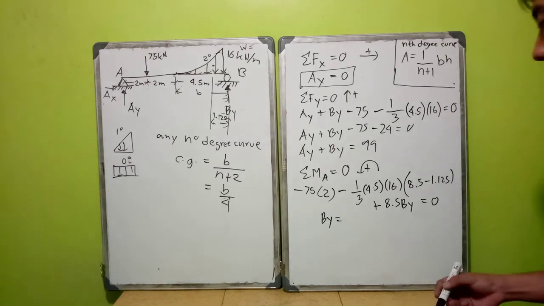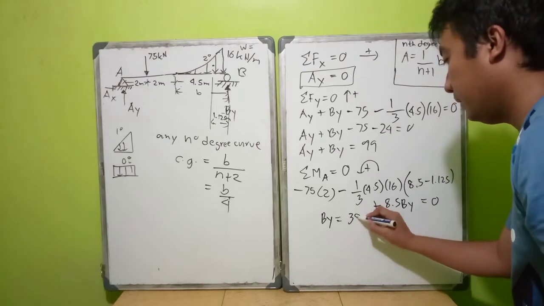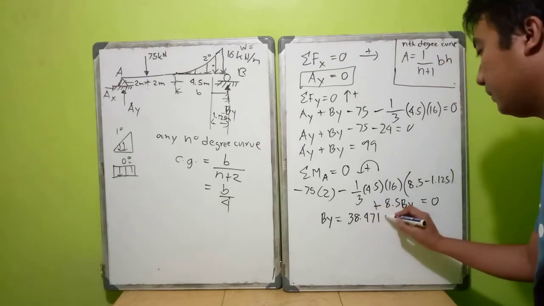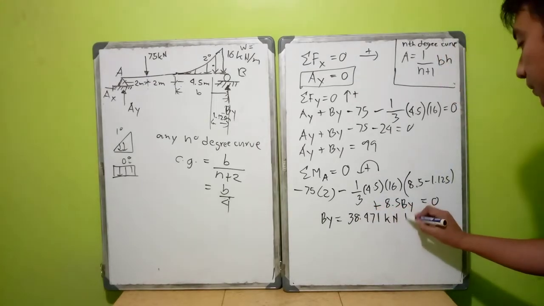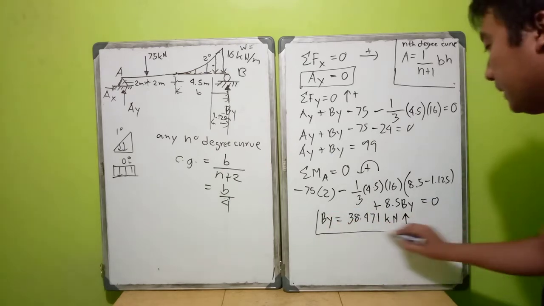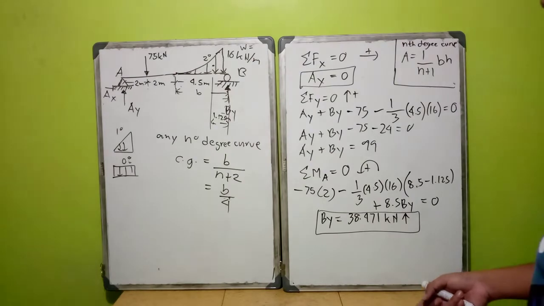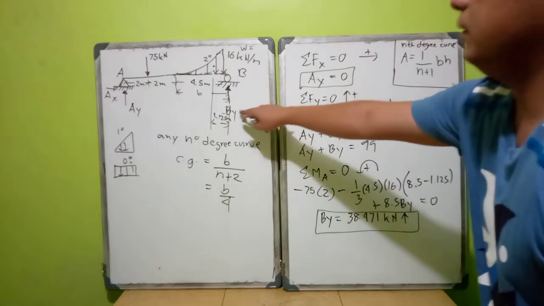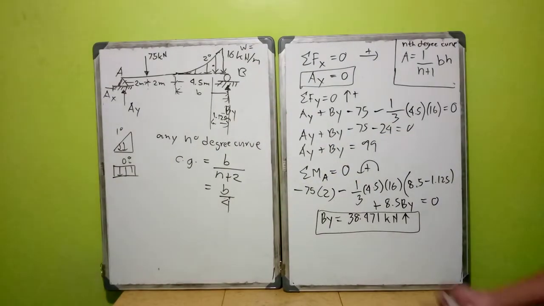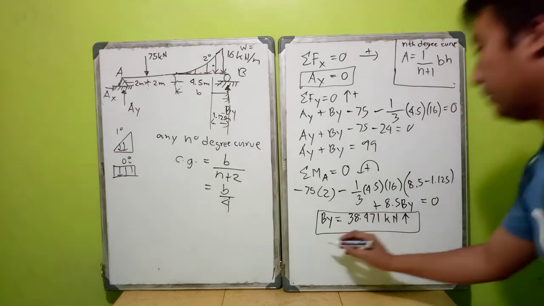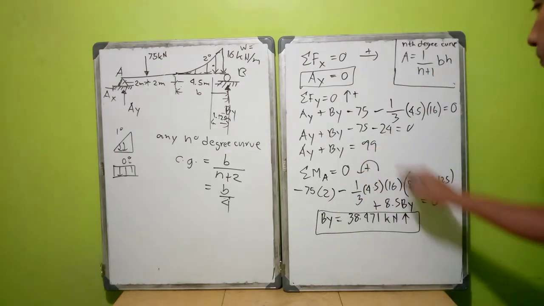So 38.471 kilonewton. Since this is positive, our assumed direction is correct, and then we resubstitute in this formula.